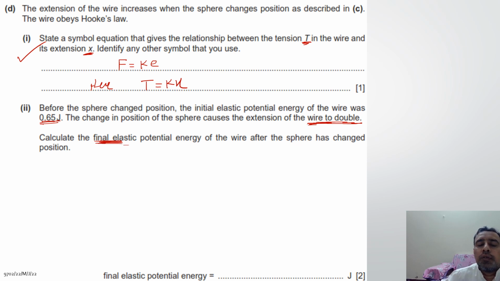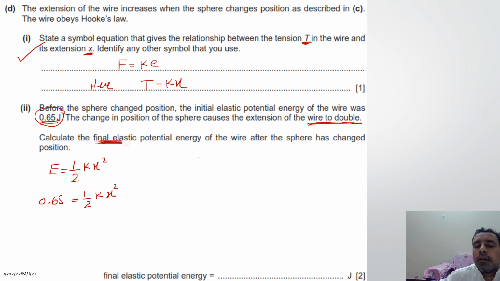So by using this initial elastic potential energy, you know the relation that energy is half kx square. So 0.65 is equal to 1 by 2 kx square.